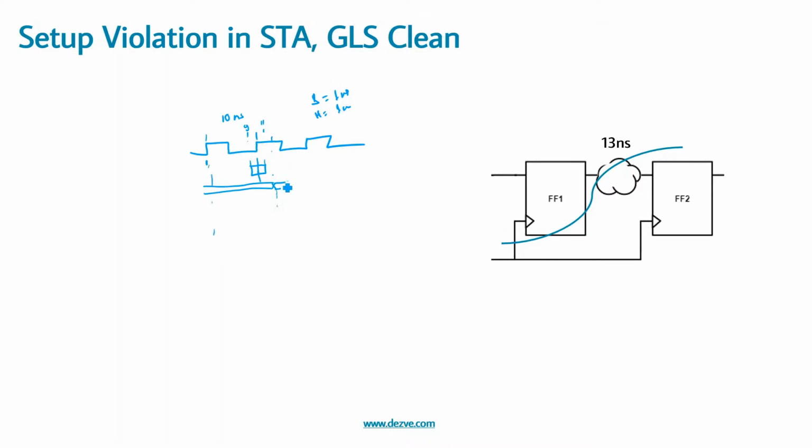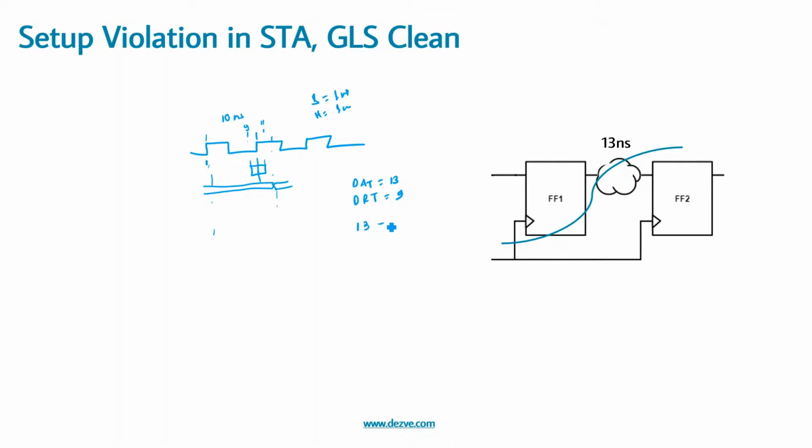In case of simulation, because this change occurs outside of the setup and hold window, GLS would be clean, correct? But from the STA perspective, the data arrival time is 13, correct? Data required time is 9.